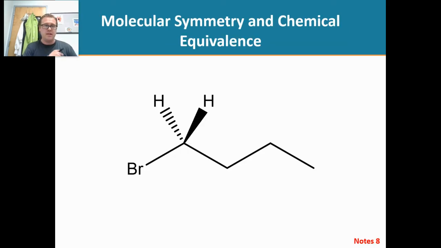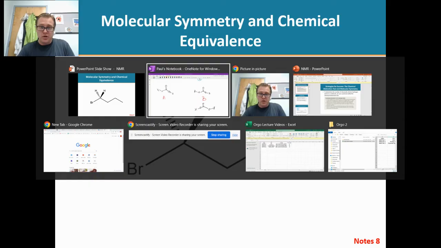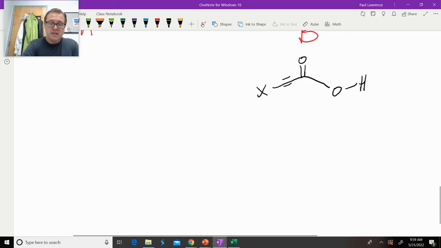Let's look at this problem here. Let's ask ourselves, what is the relationship between those two hydrogens? Are those two hydrogens going to give us one signal or two signals? Okay, so that's the question. So we need to know what they are, and we have to do the replacement test to figure that out. So our molecule, let's redraw our molecule.